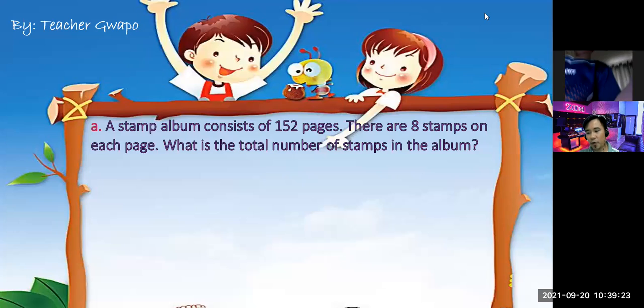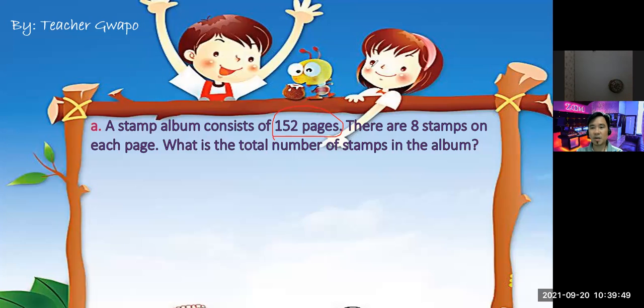Now here on page 44, letter A, or let's say number 1. A stamp album consists of how many pages? 152 pages. That's the number of pages.